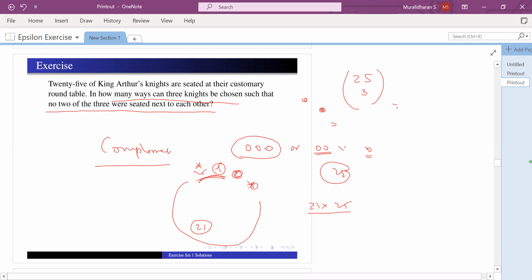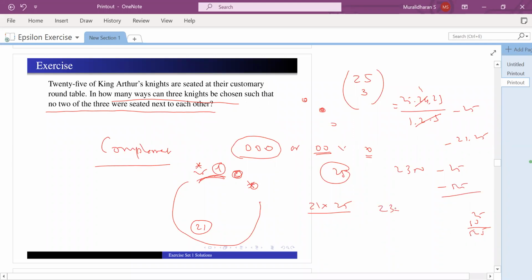25 choose 3. This will be 25 into 24 into 23 by 1 into 2 into 3, minus 21 into 25. So if we can do that, this is 2300 minus 25 into 21, which is 525.